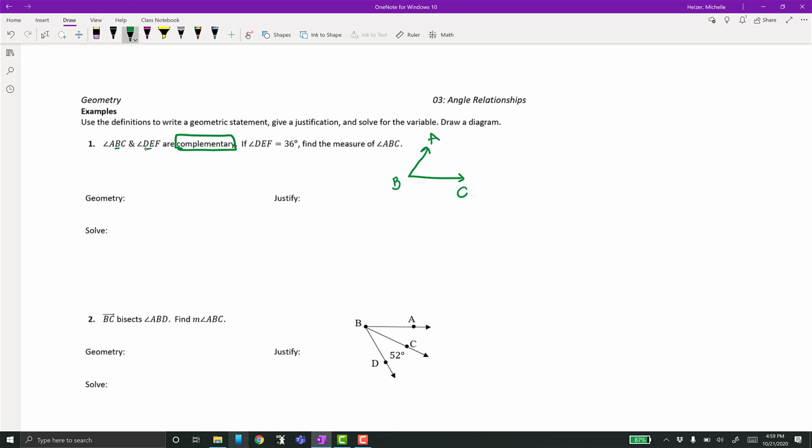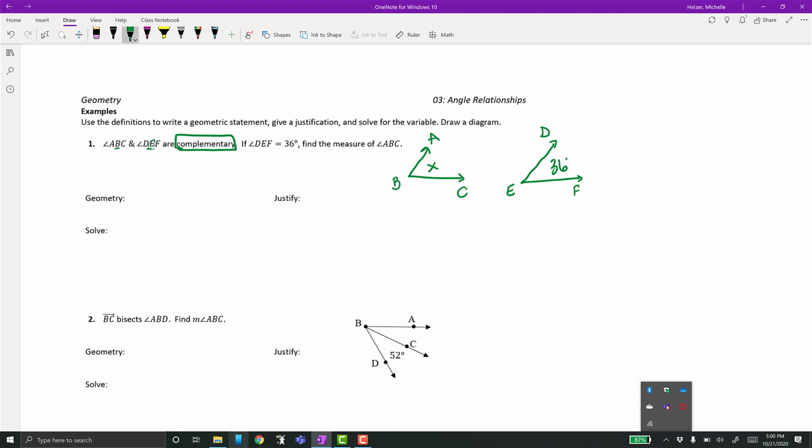So when I draw angle DEF, E is going to be the vertex. So D, E, vertex of the angle, the pointy part, F. And it says DEF is 36. Find the measure of ABC. So I'll call that X.